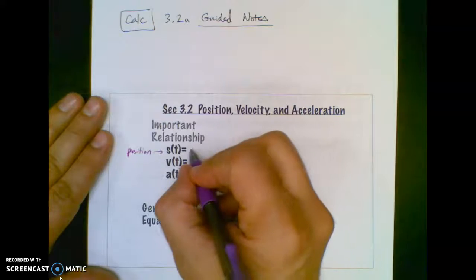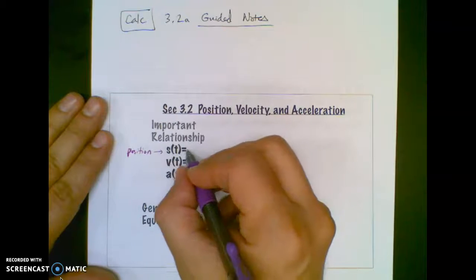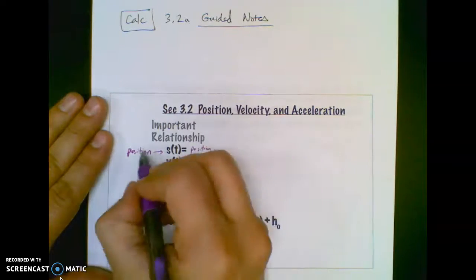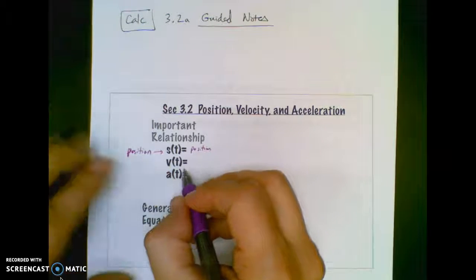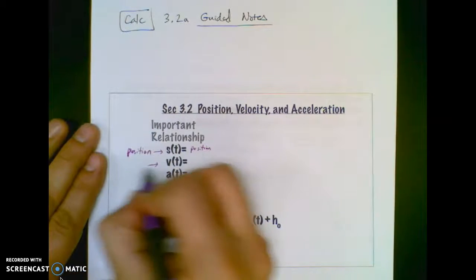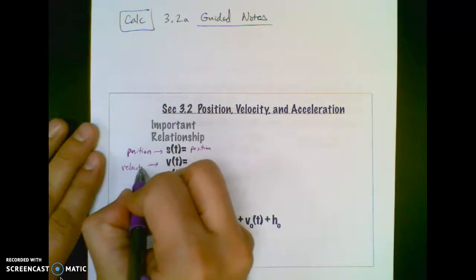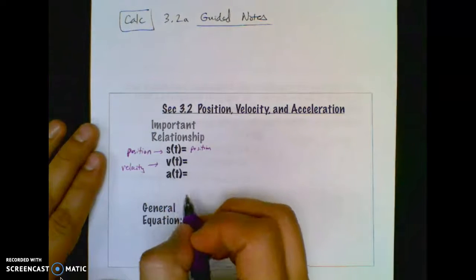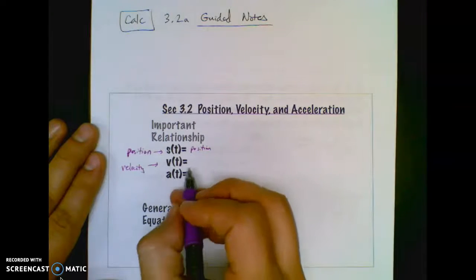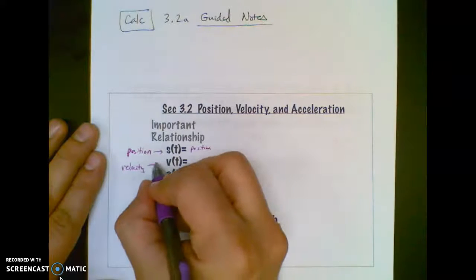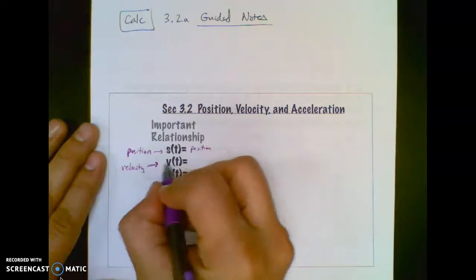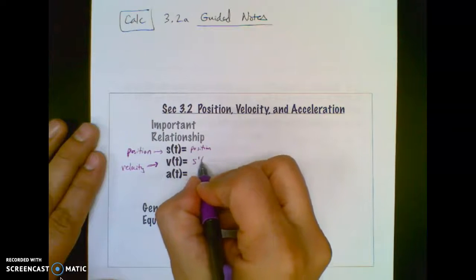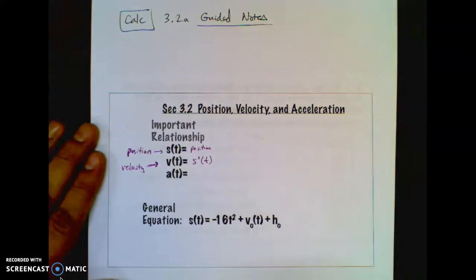This is your original graph. This is your position. Now this one is your velocity. How are they related? Well, velocity is a rate of change of your position, and we have a way to get instantaneous rate of change, and that's by taking the derivative of your distance.